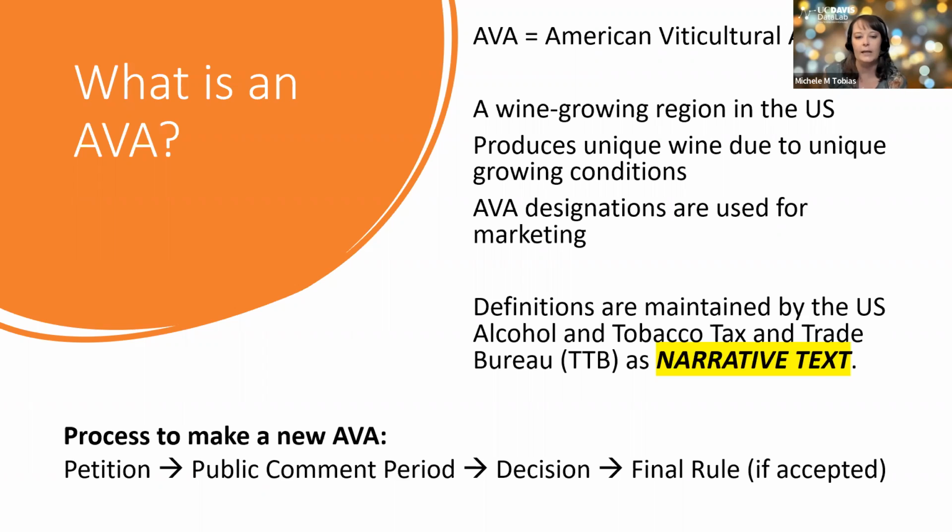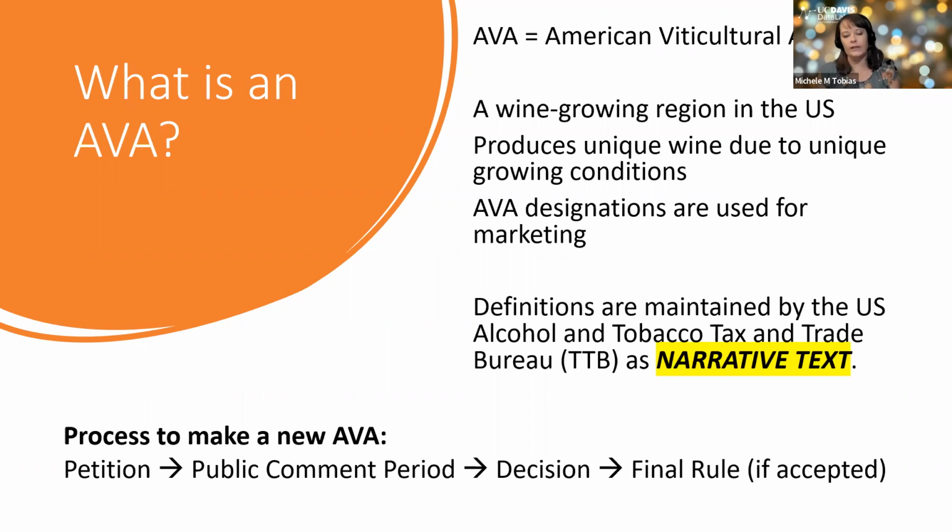And the way that the AVA process works is that someone petitions the US federal government to make this AVA. They fill out this petition form and create a description. Then there's a public comment period where people can voice their support or say, this is not a good idea, we shouldn't have this one, or I like this, but this boundary needs to be changed in this way. That's kind of the typical comments.